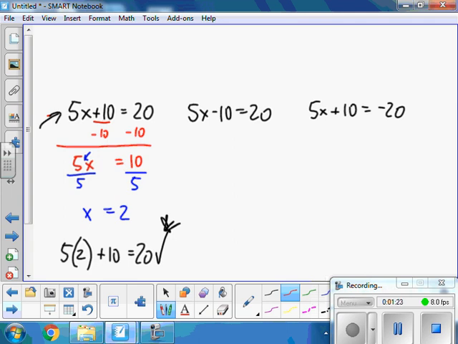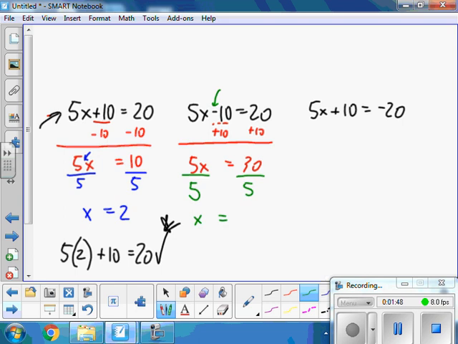So I see that I'm subtracting by 10 here, so I'm going to add 10. I'm going to keep undoing things. So I have 5x equals 30. Now the reason I added 10 is because I saw that it was subtracting. All right, now I look over here and I see it's 5 times x. So to undo multiplying, I'm going to divide. My property of equality says I need to divide both sides by 5.